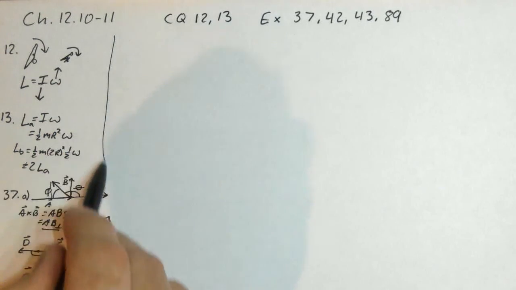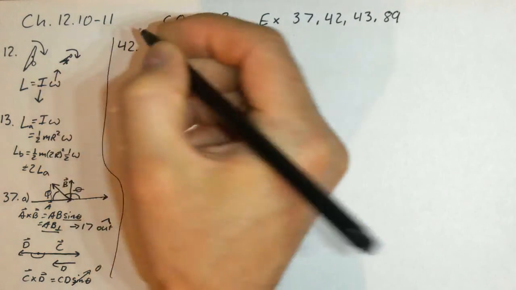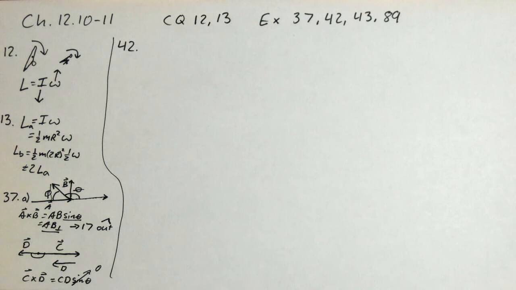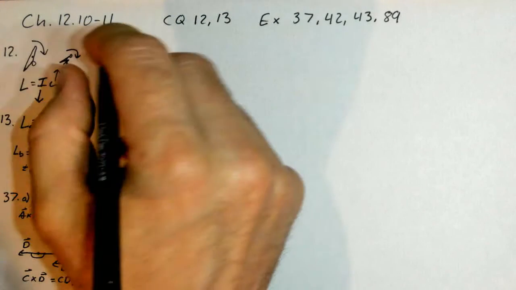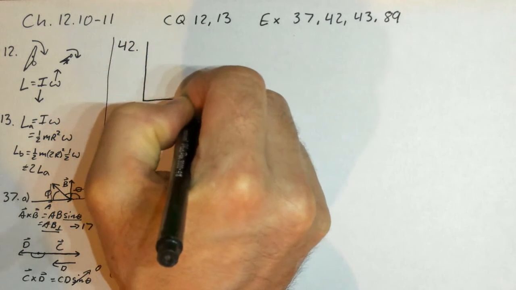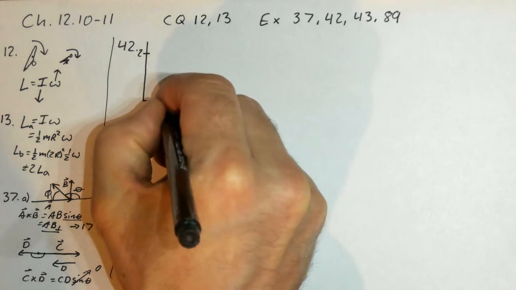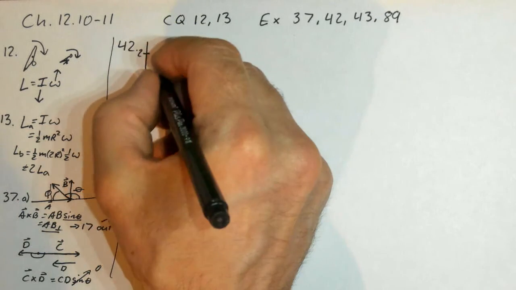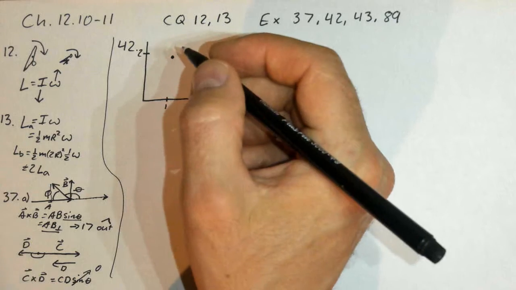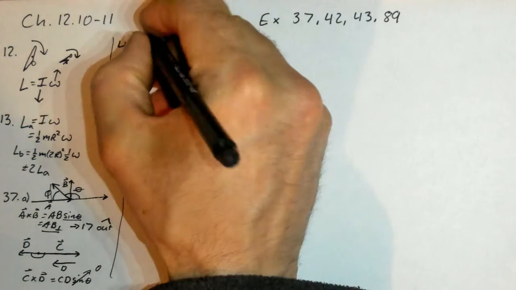Very good. Let's take a look at 42. Okay, this one is defining angular momentum, and we're looking at a particle, so we use the particle form. We have a particle that's sitting here at 2 and 1, and that is in meters.